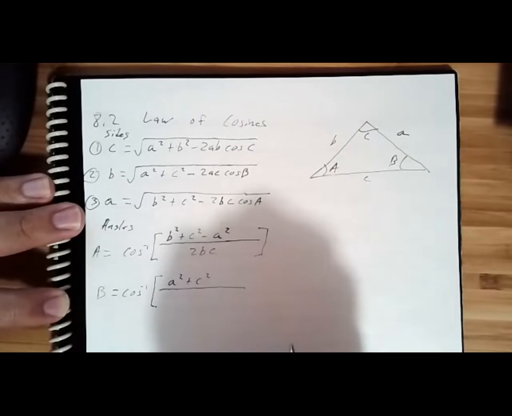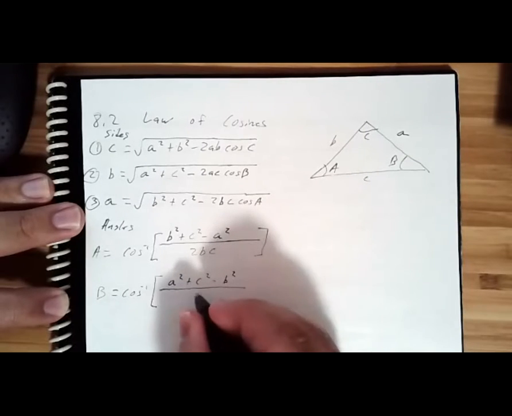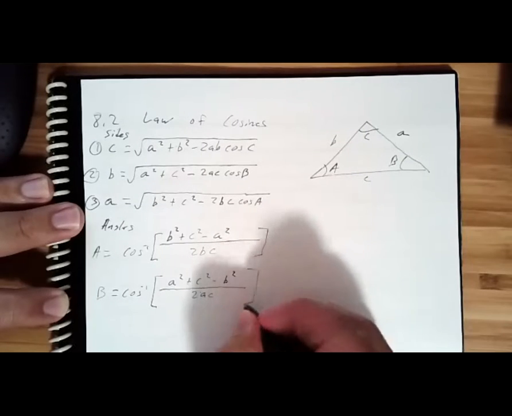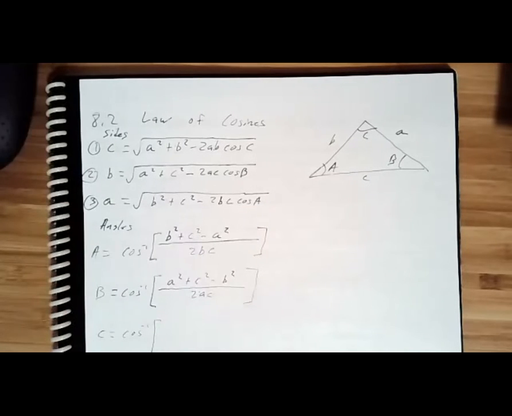The angle B is equal to the inverse cosine of a squared plus c squared minus b squared over 2ac. Ouch. Bit me.